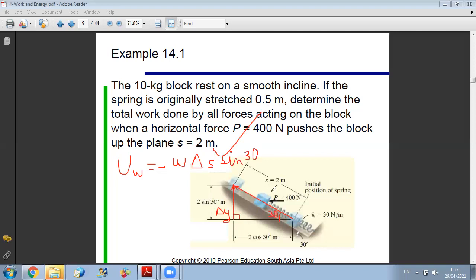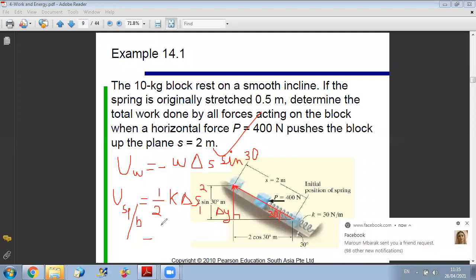We still have to find the work of the spring, so we go back to the definition. I want to find the work of the spring on the block. Then I will use half K delta S1 squared, which is the initial stretching or compression of my spring, minus half K delta S2 squared.